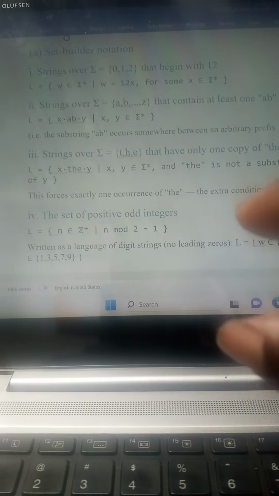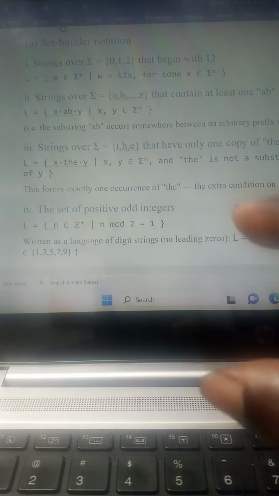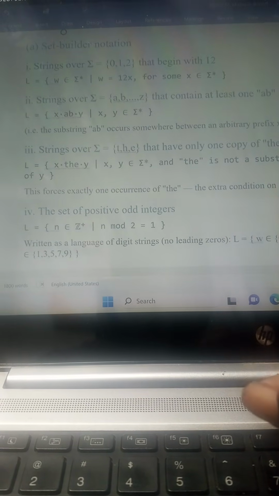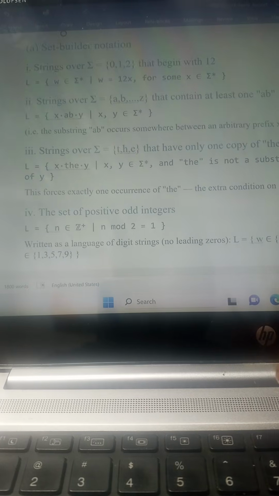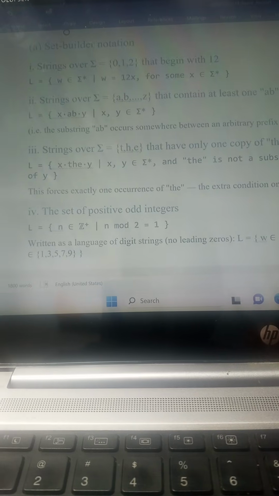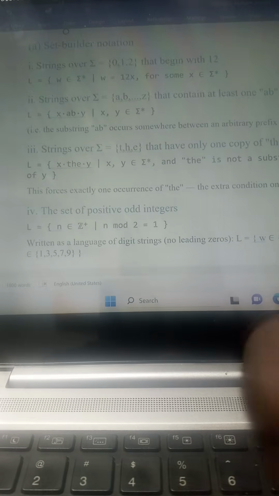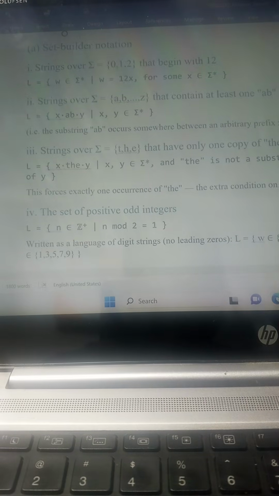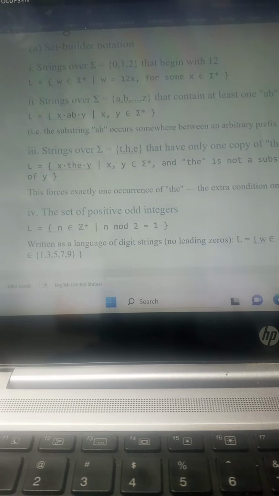This focuses on exactly one occurrence, with the condition on x and y ruling out zero occurrences or two or more occurrences. Looking at it, you realize that it's similar to the one we did in II. So hence you get the language.